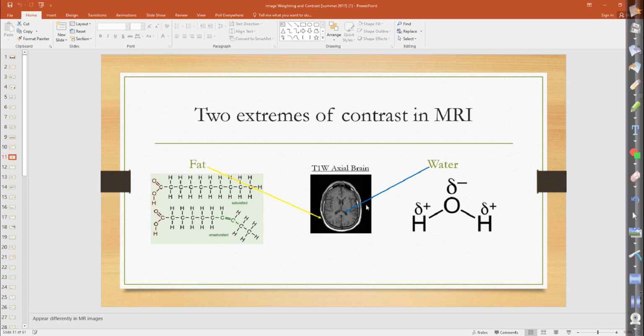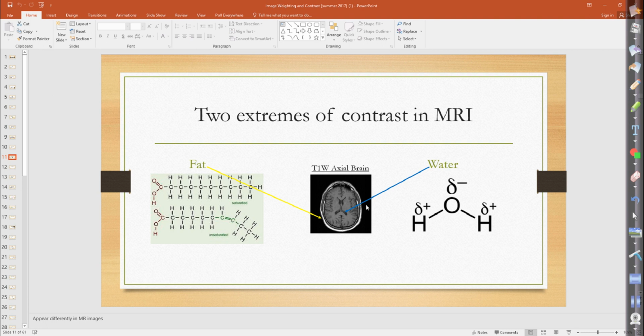So we really discussed two tissue types, fat and water, because they are on the opposite ends of the spectrum. And you can see why, because fat is a very large molecule with a slow tumbling rate, and the hydrogen protons are not as willing to give up their electrons compared to water, where it's a very small molecule, and the oxygen kind of takes those electrons away from the hydrogen, and it becomes polarized.